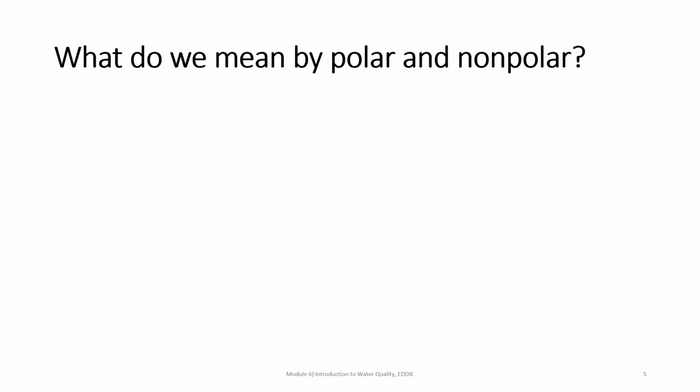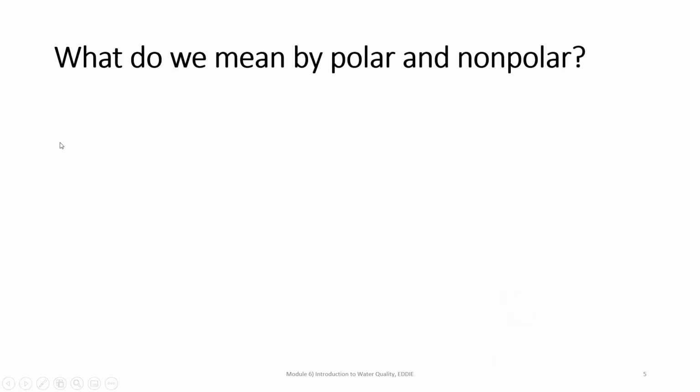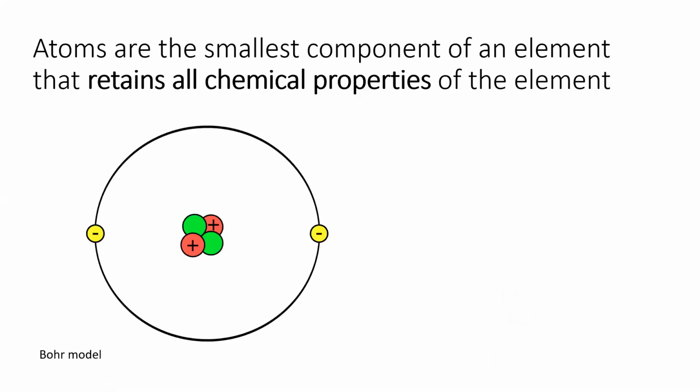Okay, so what do we mean by non-polar and polar? I mentioned in the previous slide that water can dissolve other polar molecules. It can't dissolve non-polar molecules. So what does this even mean? That's where we're going to have to review a little bit of basic chemistry. First things first, atoms are the smallest component of an element, and they retain all the chemical properties of that element.